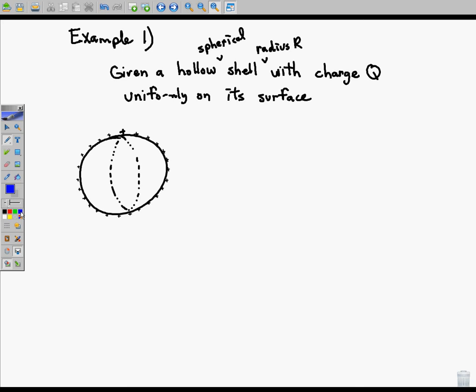Ultimately what we want to do, we've got this hollow sphere with positive charge q all on the surface, is plot the electric field strength at various distances from the center. And the radius of the shell itself is r, so that's going to be a key point.